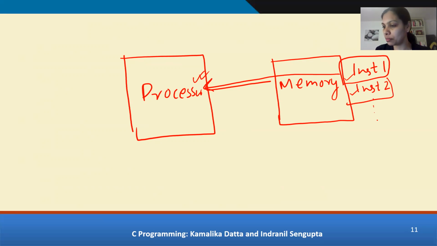Then go to the next one, bring it from memory to the processor and execute it. How it is done is discussed in some other course, but this is the general procedure. What is a program? A set of instructions. How do we execute it? We store it in memory and bring it from memory to the processor one by one, and it gets executed.